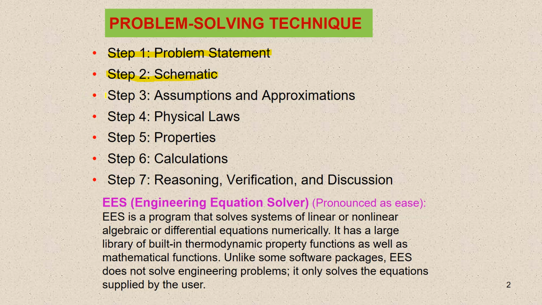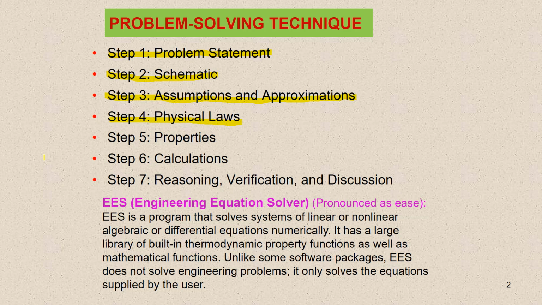In step 3, state any appropriate assumptions and approximations made to simplify the problem to make it possible to obtain a solution, and justify the questionable assumptions. In step 4, apply all relevant basic physical laws and principles, for example, the conservation of mass, and reduce them to their simplest form by utilizing the assumptions made.